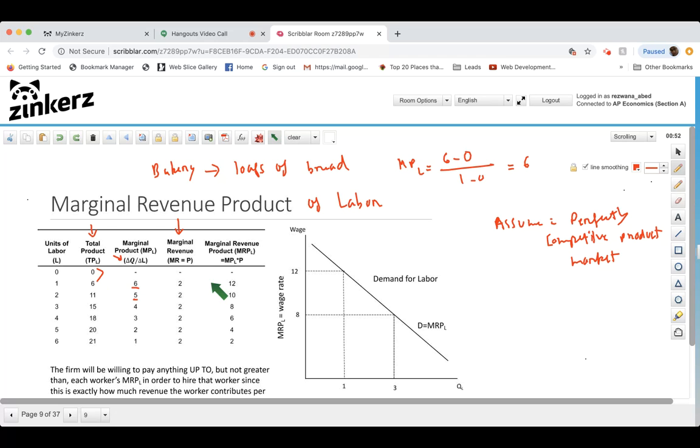So it's MPL times P. I got this from doing 6 times 2, then 5 times 2, 4 times 2, 3 times 2, 2 times 2, and 1 times 2. This gives me 12, 10, 8, 6, 4, and 2 for the marginal revenue product of labor column.